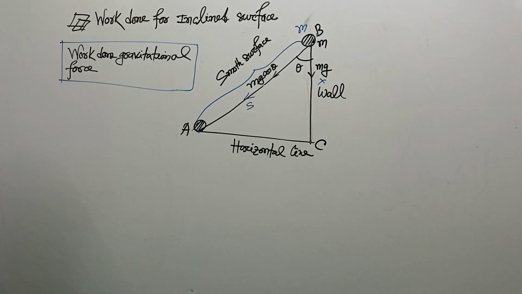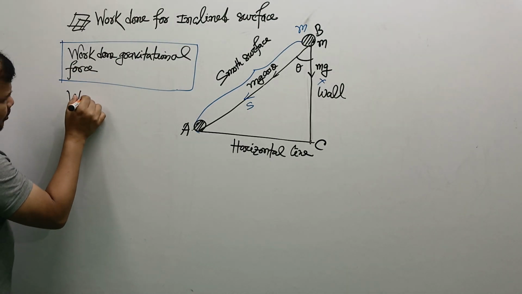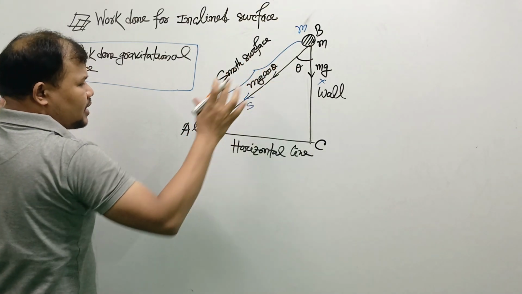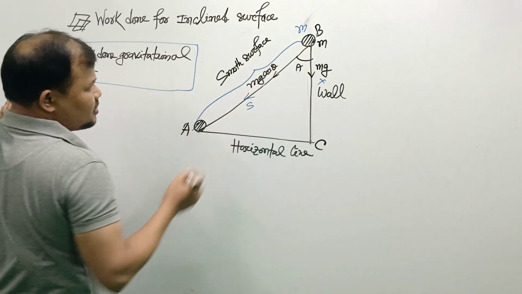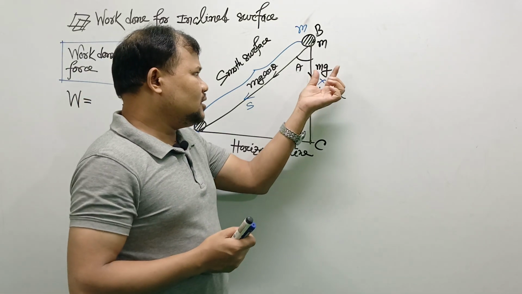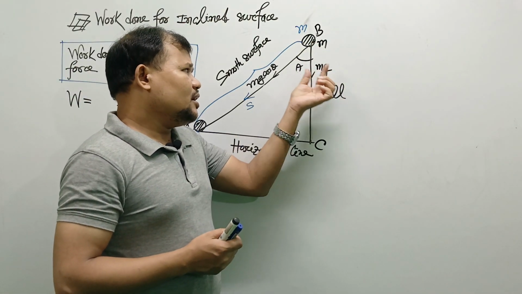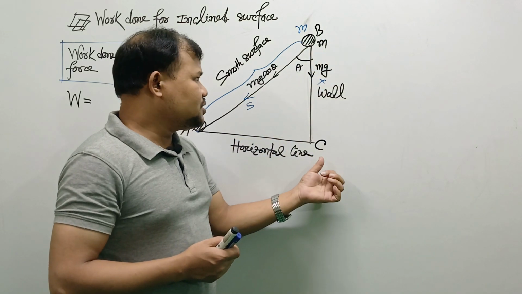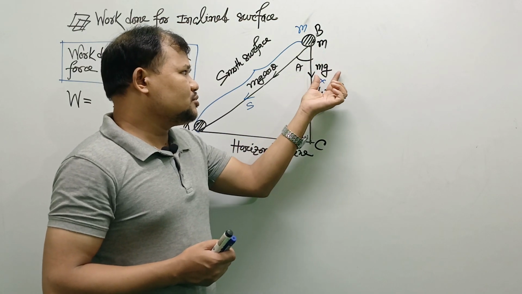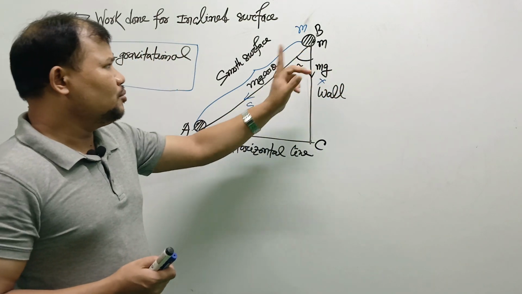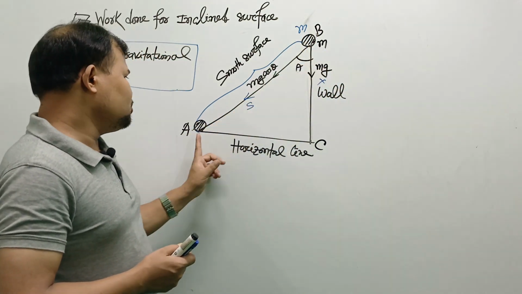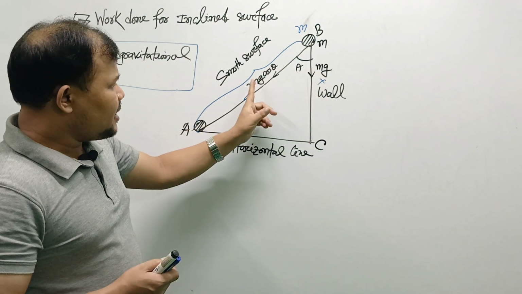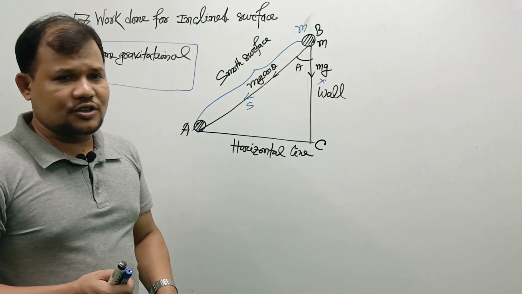Now our duty is to write the equation at first. Our equation is W. At first we write the force in the direction of the gravitational force. This is the total gravitational force mg, but the body does not move from B to C, because this force cannot act on the body to move the object from point B to A. So mg is the gravitational force and mg cos theta is a component of the gravitational force.